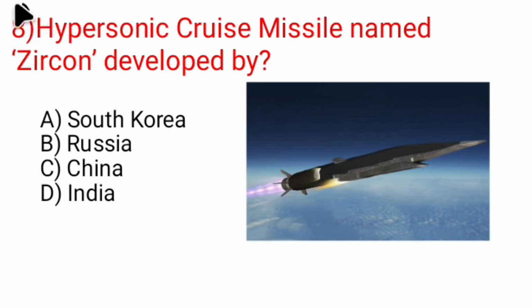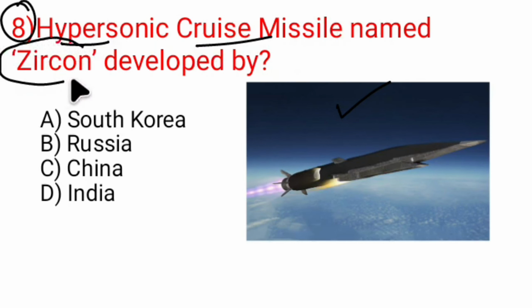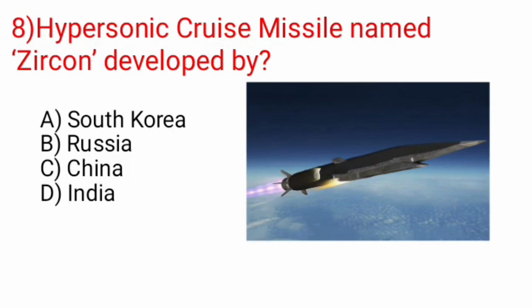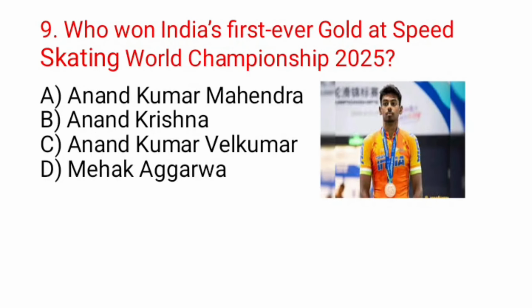And question number 8, important: hypersonic cruise missile named Zircon was developed by which of the following countries? Remember, Zircon, not China. This was developed by Russia. Therefore option B is the right option for question number 8.